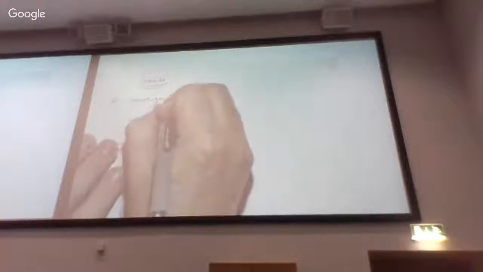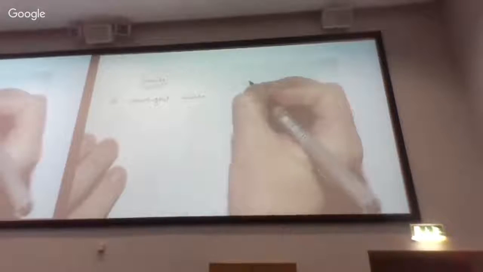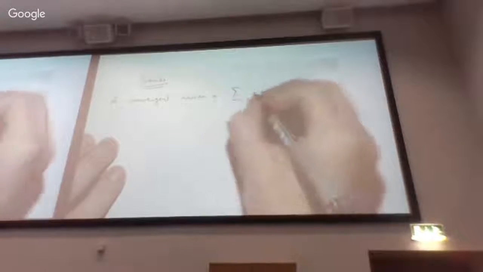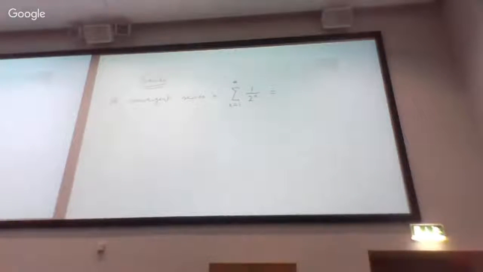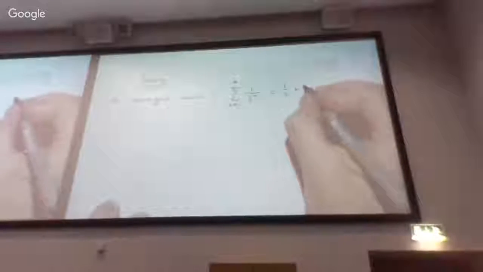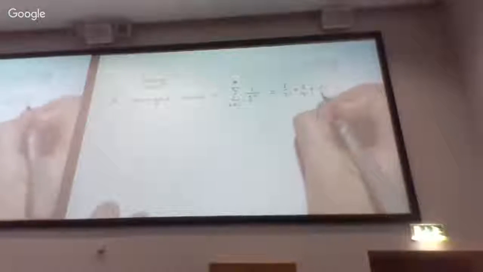Okay, so we saw two important examples yesterday, just to remind you. We saw an example of a convergent series. This is where we added up all the powers of a half, beginning with the half itself. So the first value in this series is a half, and then you add a quarter, then you add an eighth.